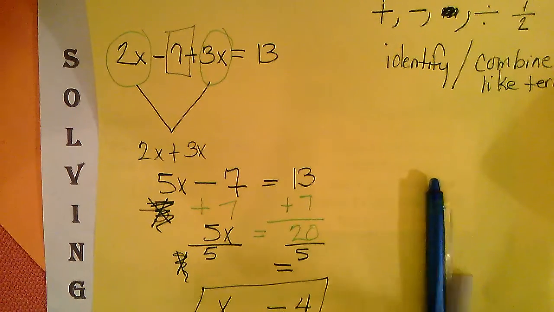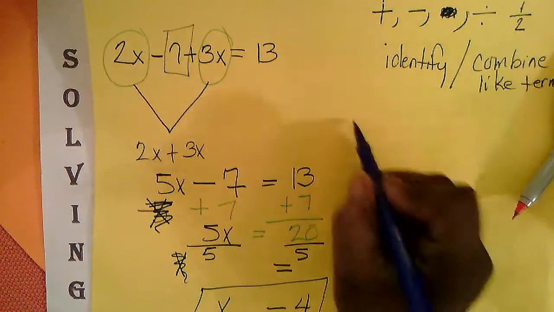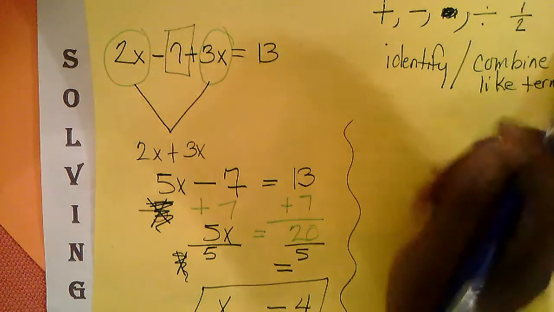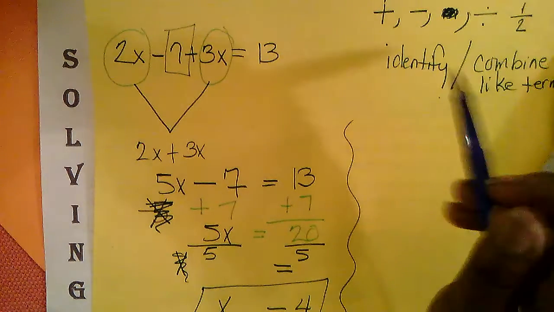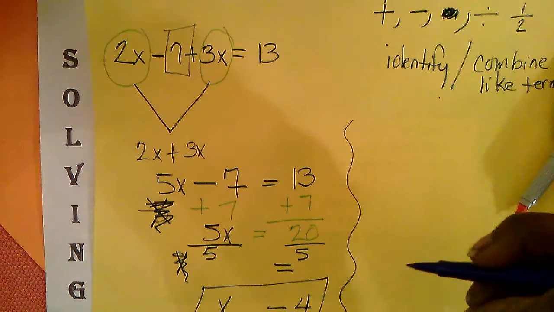So that's just looking at the example. Now, just moving ahead, we talked about vocabulary. We identified our different terms, we combined our like terms, and then we solved our equation.